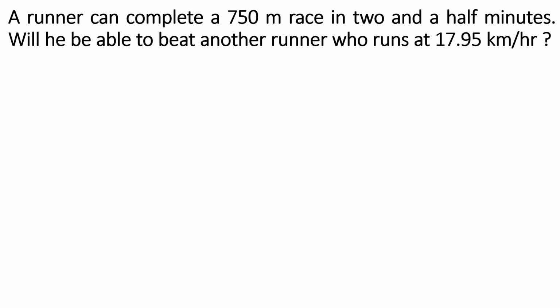Second question: a runner can complete a 750-meter race in 2.5 minutes. Will he be able to beat another runner who runs at 17.95 kilometers per hour? In order to check whether the first runner beats the second runner, you have to compare their speeds, to see if the speed of the first runner is more than the second one.